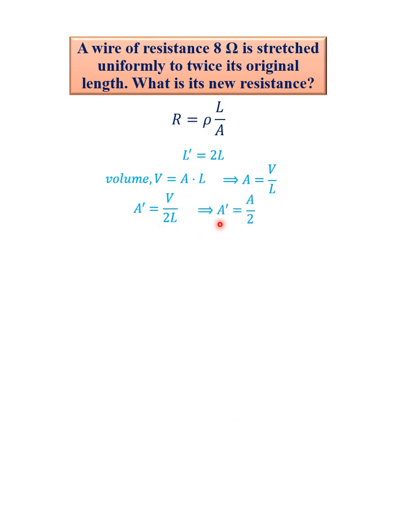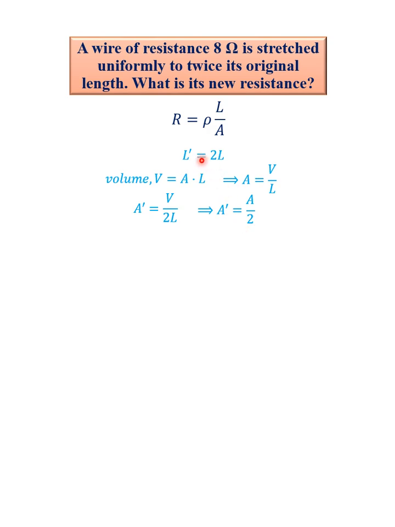So the new cross-sectional area of the wire, when the length was doubled, is now half of the original area, which makes sense because when you stretch the wire, it becomes thinner. So while the new length is double the original length, the area is now half of the original cross-sectional area.